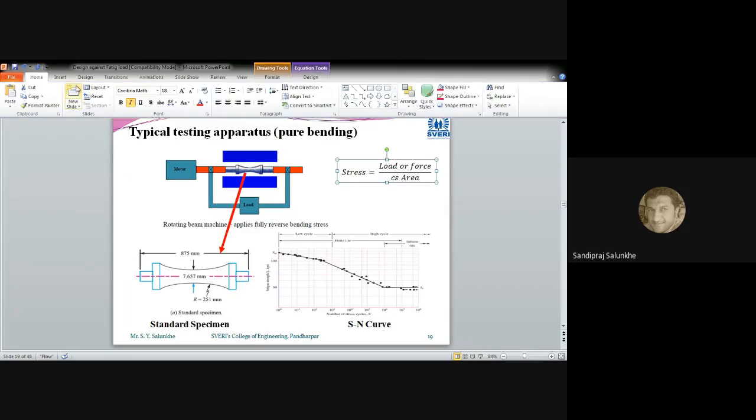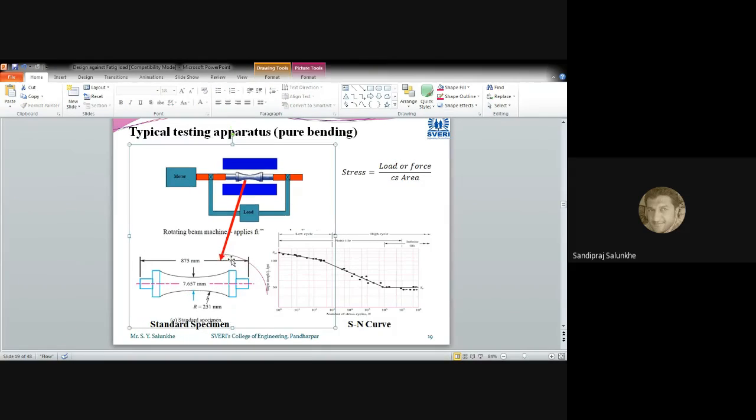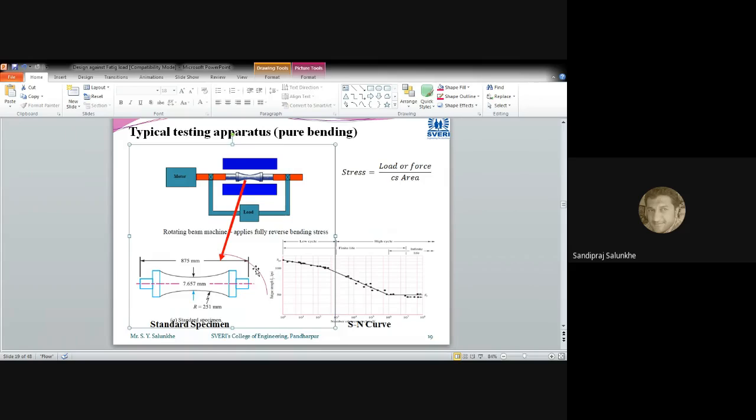How will the bending stress be applied? This bending stress will be applied in the downward direction. Am I right?